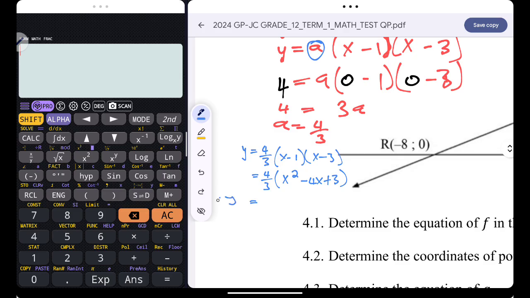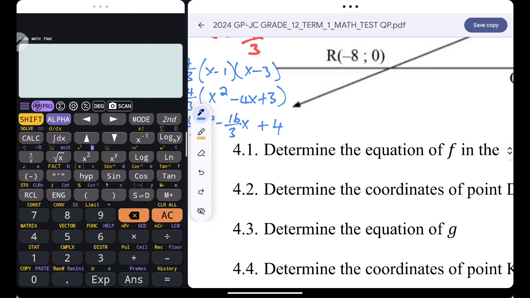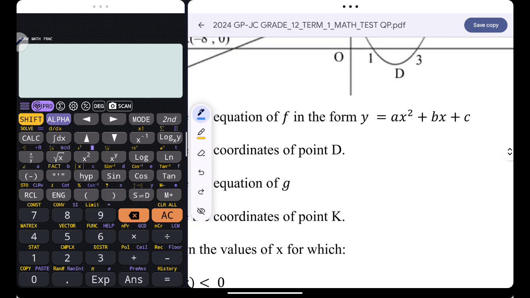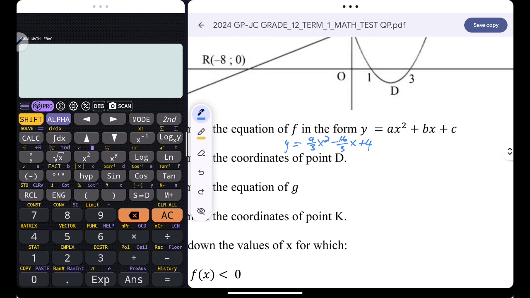So the equation will be 4 over 3 x squared minus 16 over 3 x plus 4. So this is the equation of the curve of f of x in the form ax squared plus bx plus c, that's y is equal to 4 over 3 x squared minus 16 over 3 x plus 4.